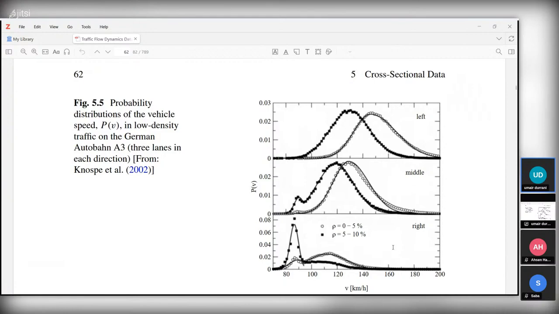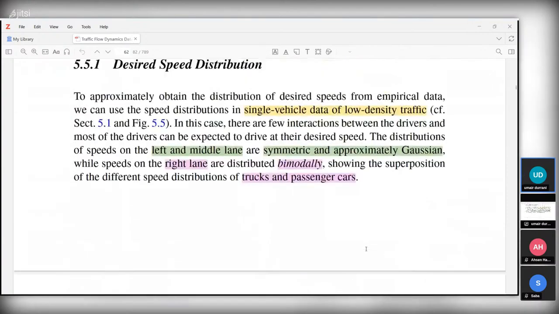These bimodal distributions represent two different classes of vehicles, trucks and cars. For cars, the speeds are higher, so those are here. And for trucks, the speeds are smaller, so those are here. And trucks generally do not use the middle and the left lanes. That's why we see that bimodal distribution in the right lane only.